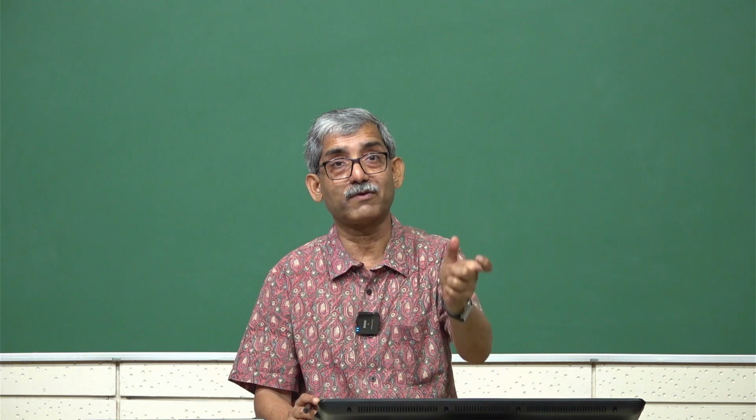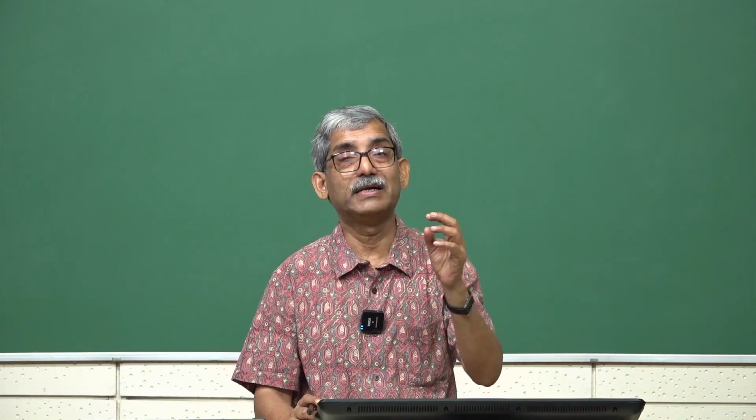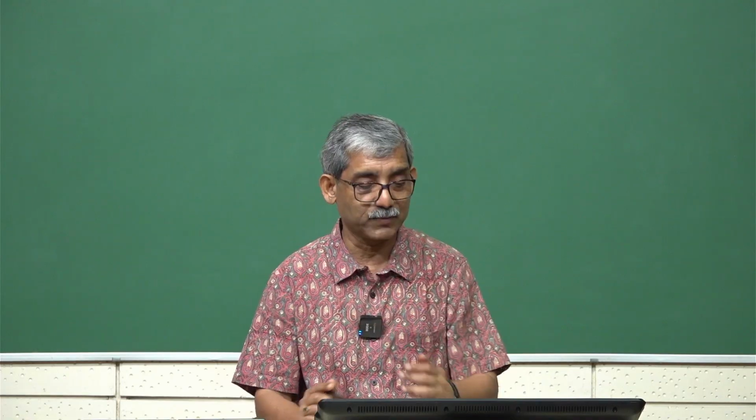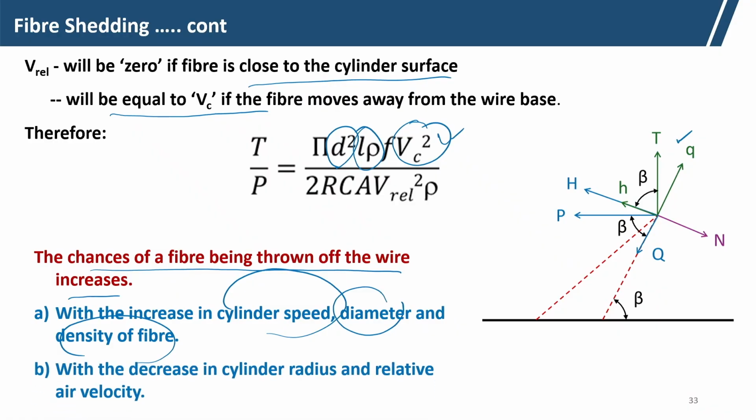So, if we have coarser fiber, fiber shedding will be easier. If we have denser fiber, fiber shedding will be easier. If we have higher cylinder speed, fiber shedding will be easier. But it is with the decrease in cylinder radius. A higher cylinder radius will reduce the fiber shedding.